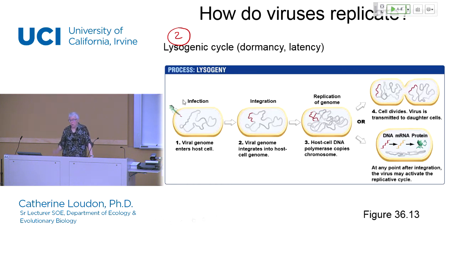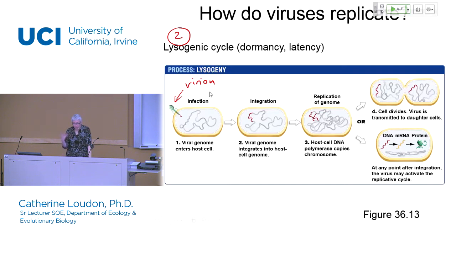Then again, we start with the very first steps of infection. We've got our viral particle. I don't remember if I pointed out an individual viral particle is called a virion. This is the name given to the viral particle when it's extracellular, outside the cell.